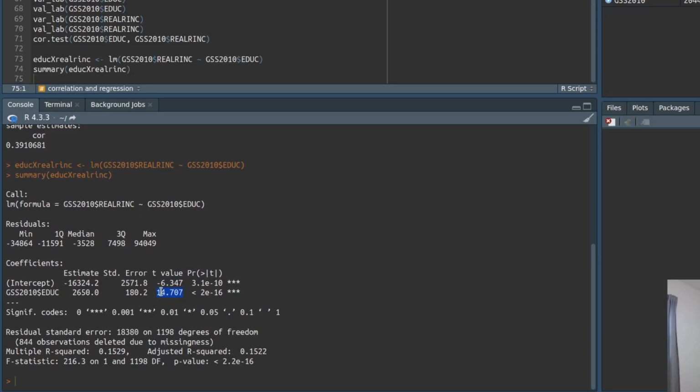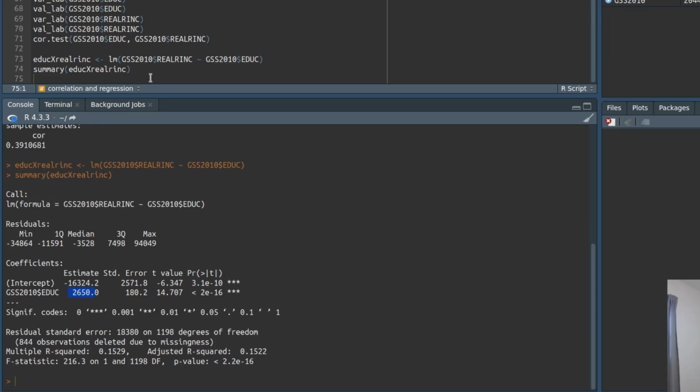It does tell us that there is a statistically significant relationship between the two. This is our slope coefficient. That's our y-intercept. And what this means is that for every additional year of education you have, you can expect to make, on average, $2,650 more per year. Again, that's in constant 1986 dollars. Down here, we have our R-squared and adjusted R-squared. They're both about 0.15, which means about 15% of the variation in income is due to education alone, which is kind of fun.